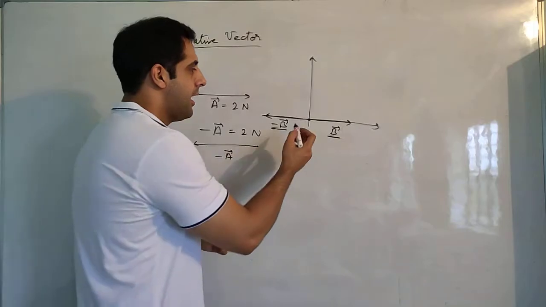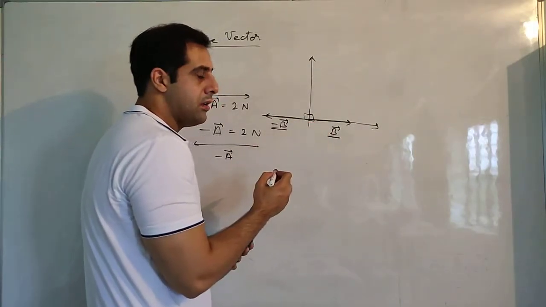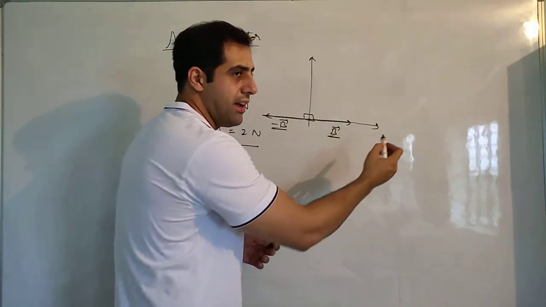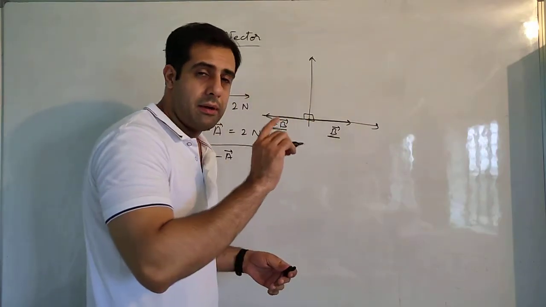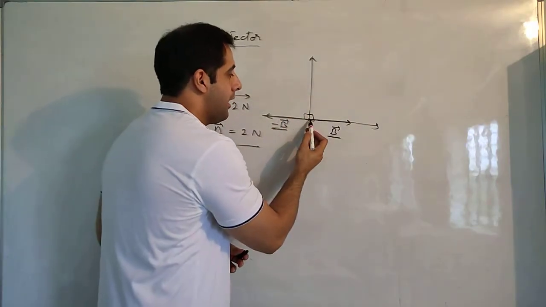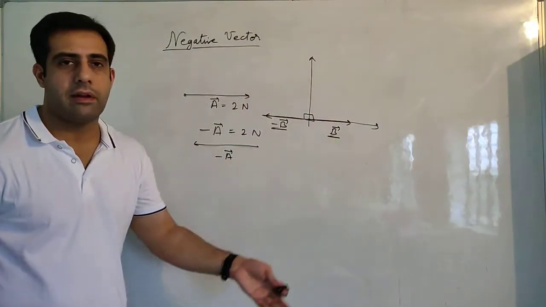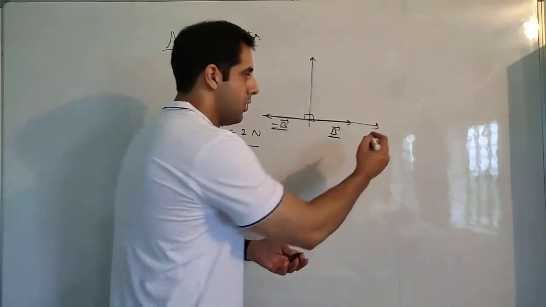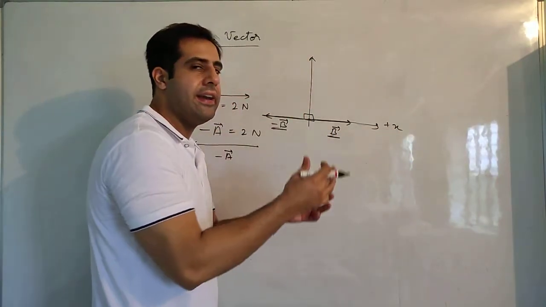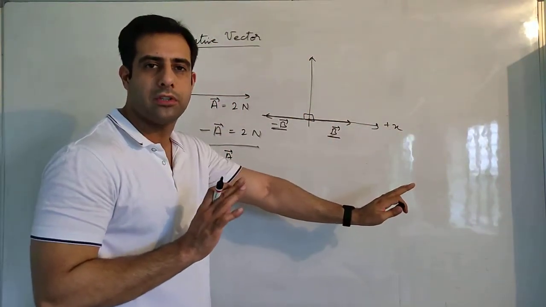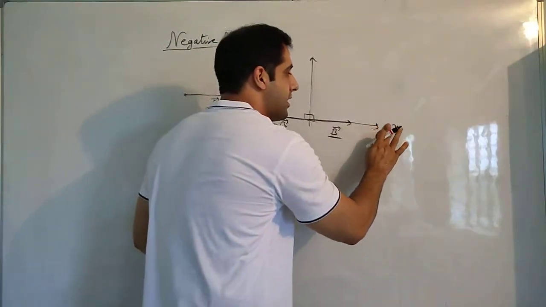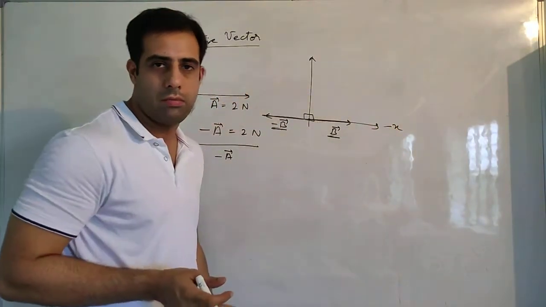I can say that there was a box at the origin and it was displaced in positive x direction. Now notice my words carefully. It is moving in positive x direction. How do we know it is moving in positive x direction? Because I chose it. I decided that this direction I am going to take positive. I could have decided this direction as negative x also. It depends on me.